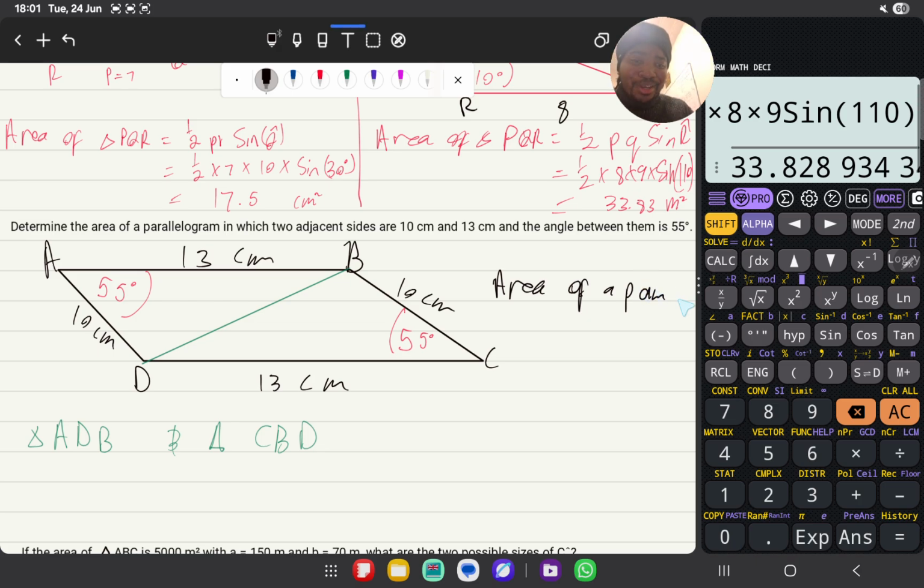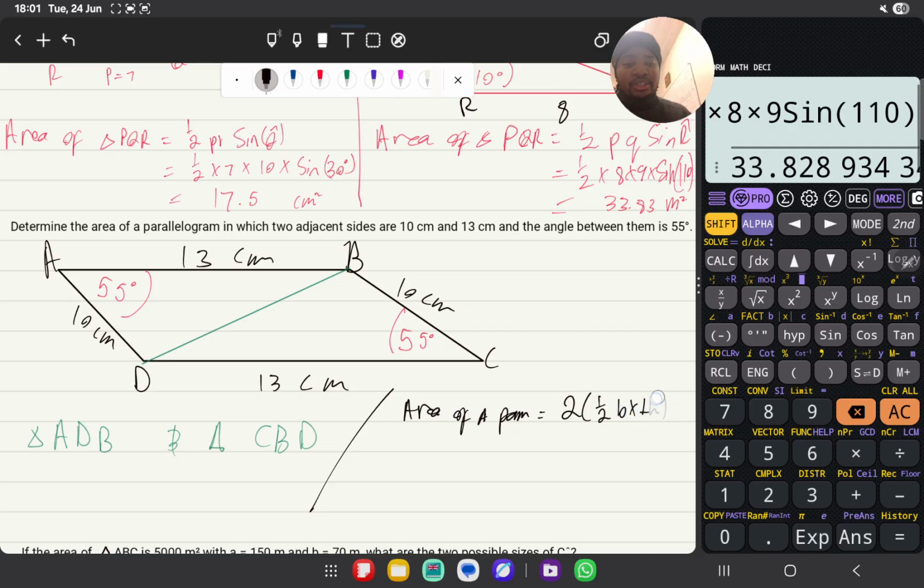I'm running out of space. So area of a parallelogram. Remember I said we have two triangles, so it's going to be half times base times perpendicular height.